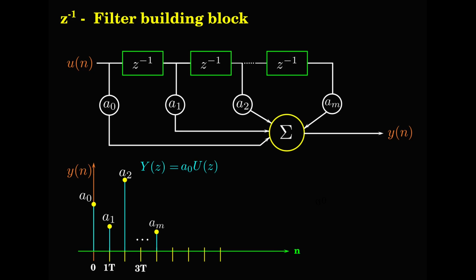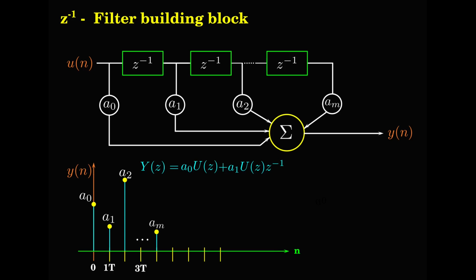Plus, after one time sample, U(z) into z to the power of minus 1 goes through A1 and to the output, so A1 U(z) z to the power of minus 1. Then the third sample, A2: U(z) z to the power of minus 2 into A2 will go to the output at the third sample instant, that is 0T, 1T, 2T.